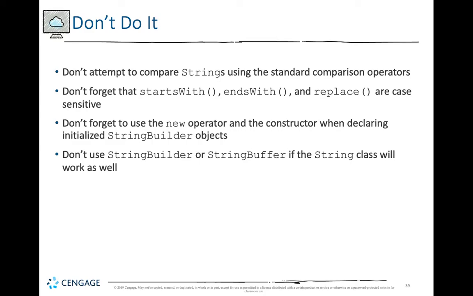It doesn't say it here, but you may think, hey, I could just say string builder dot equals my other string builder. Don't do that, because that comparison doesn't reference the values, it references the memory location. So it's just the opposite of your string class.